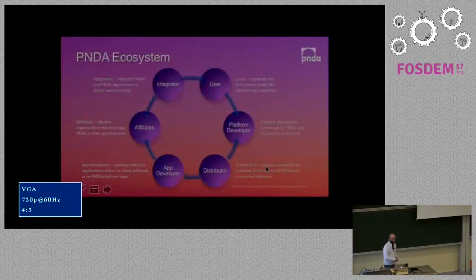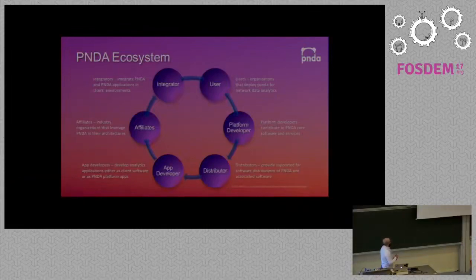Okay, so we are building an ecosystem around Panda. We are a small team at the moment on the core development, but we are working with a lot of SP companies in order to build this ecosystem, and also with third parties.